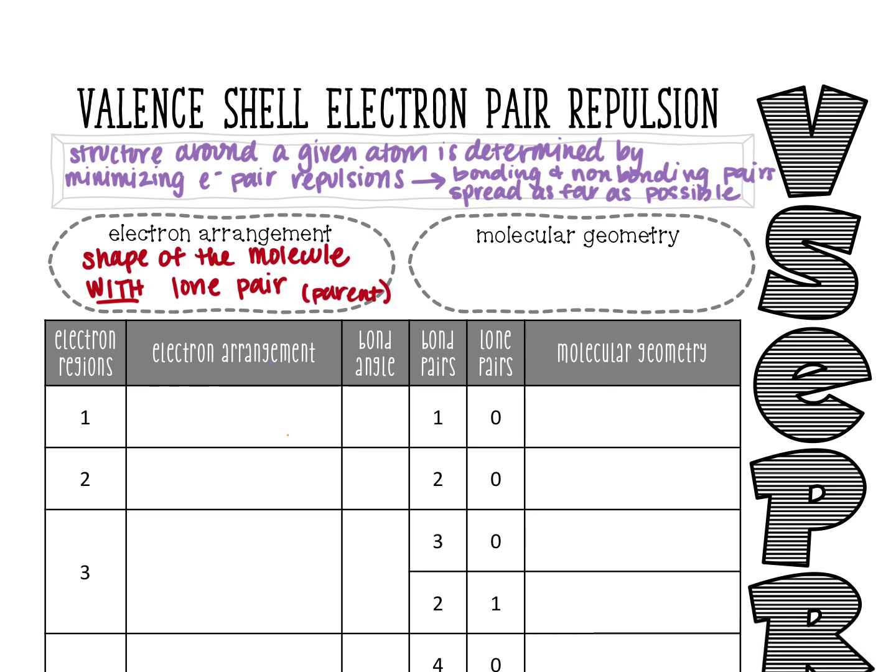Okay, then we have the molecular geometry, which is the shape of the molecule without the lone pairs. So this is the daughter shape.